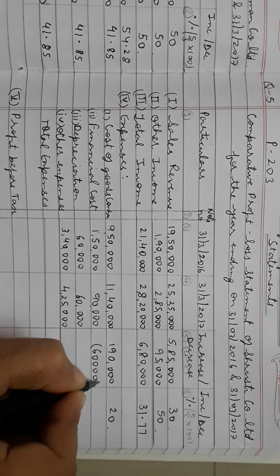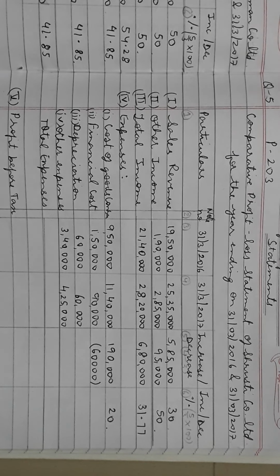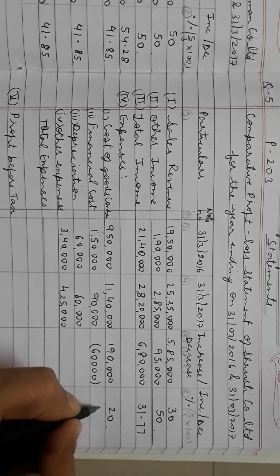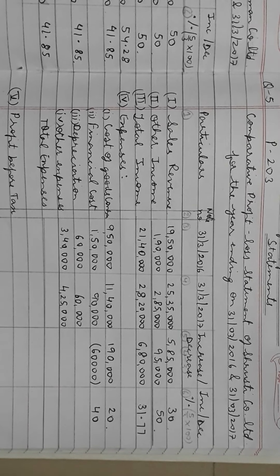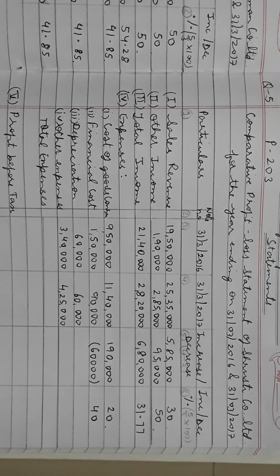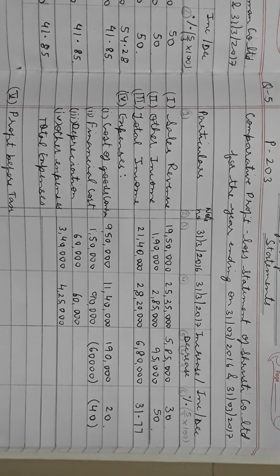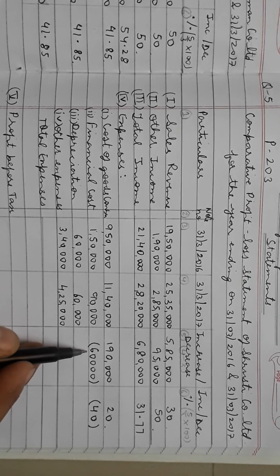So while writing, we'll write in bracket 60,000 divided by 1,50,000 into 100, that is 40%. Since it is negative, again in percentage also we'll write in bracket. If any negative figure is there, answer is in minus, so we'll show that in bracket.